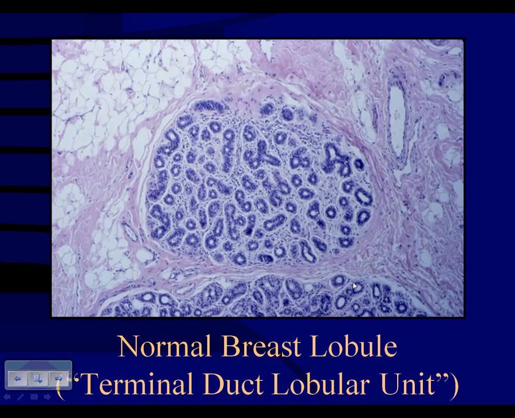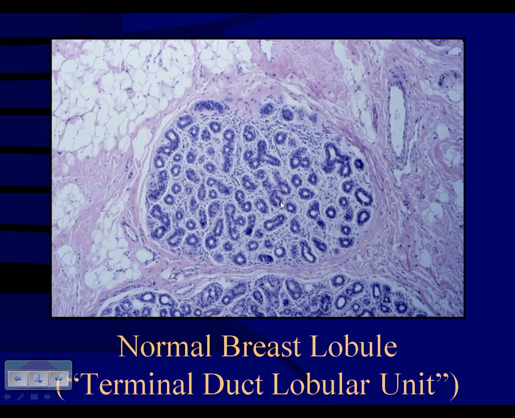All right, here's a normal breast lobule. Sometimes this is referred to as a terminal duct lobular unit. It's the smallest microscopic unit of the breast, and it's composed of acinar or secretory units as well as the smallest terminal ducts that then connect to the lactiferous, the larger excretory ducts.